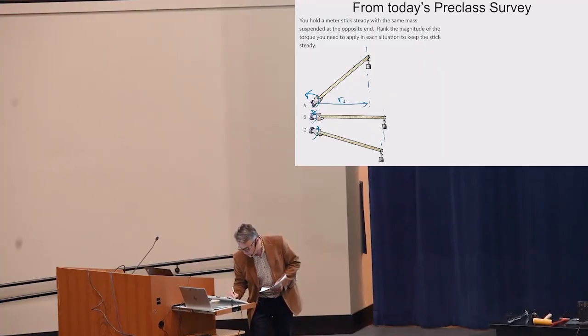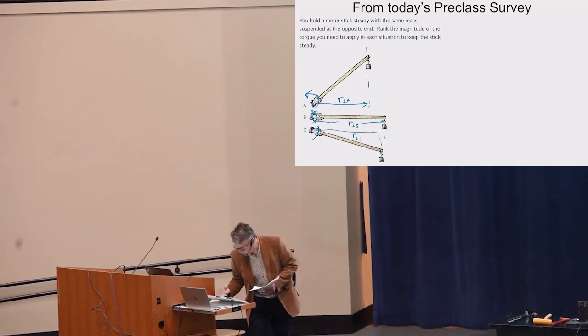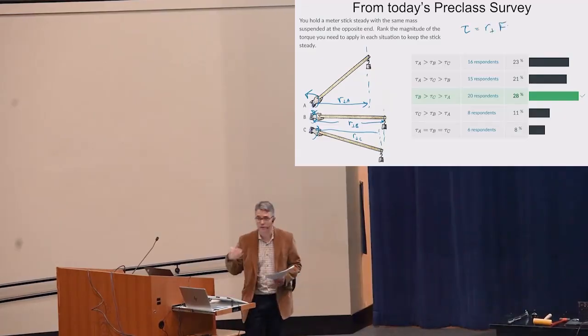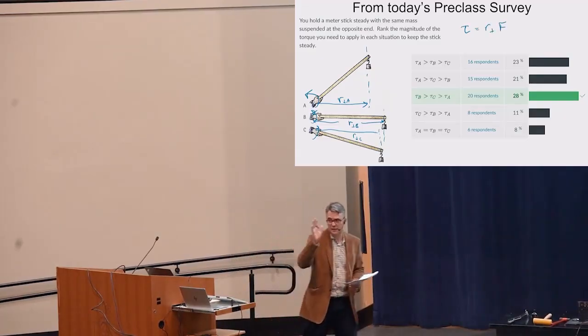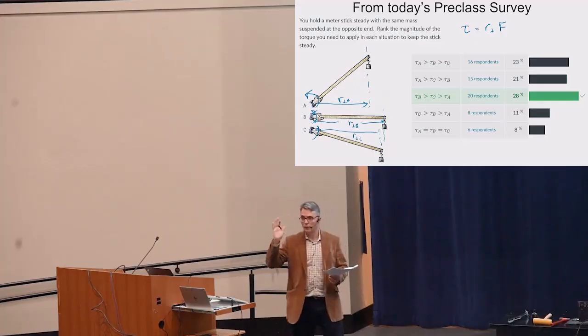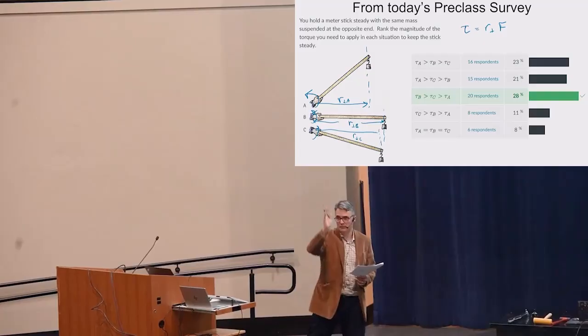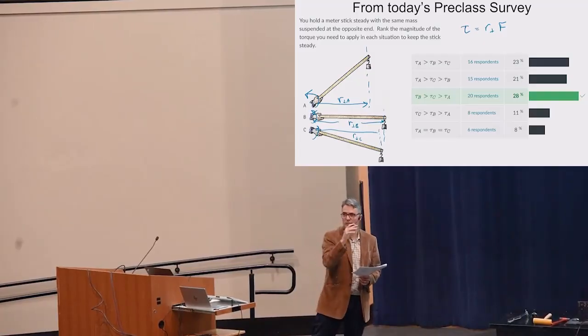This is r perpendicular A. This is r perpendicular B, way out here. And this, from here to here, will be r perpendicular C. So torque is just going to be r perpendicular times the force. It's the same force in all three cases because it's the same mass, but what matters is the horizontal distance between that force line and the pivot point.